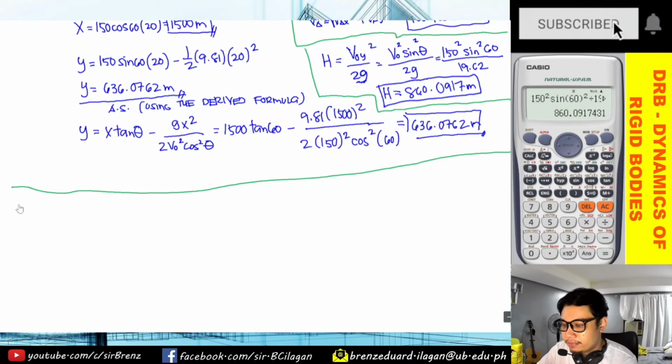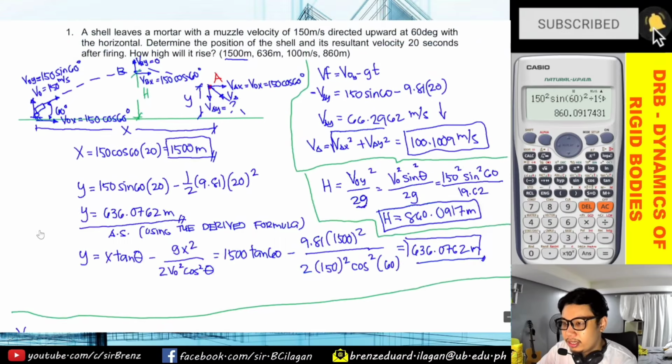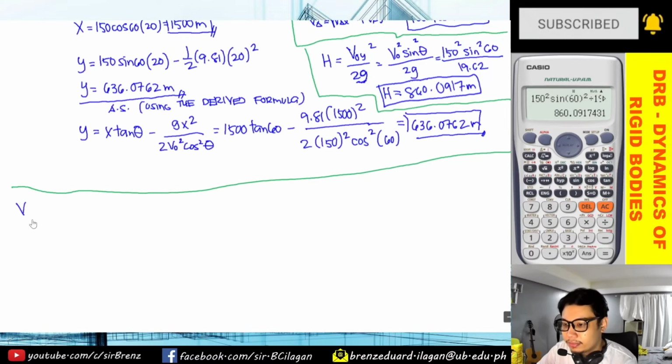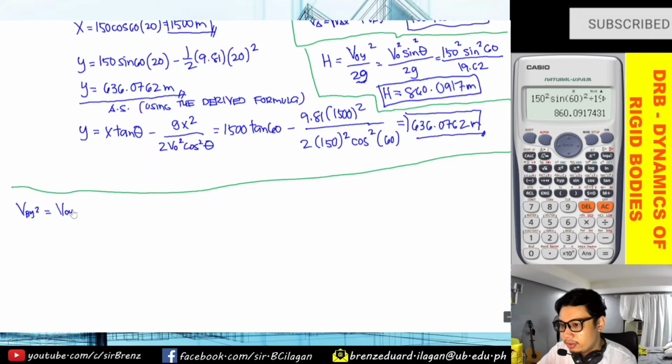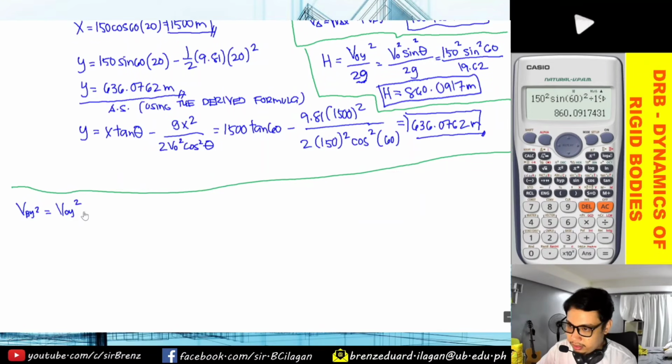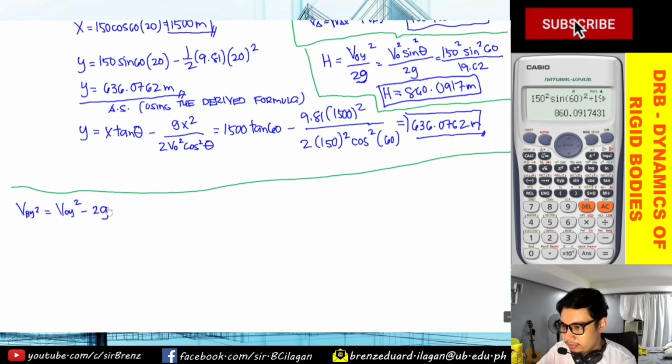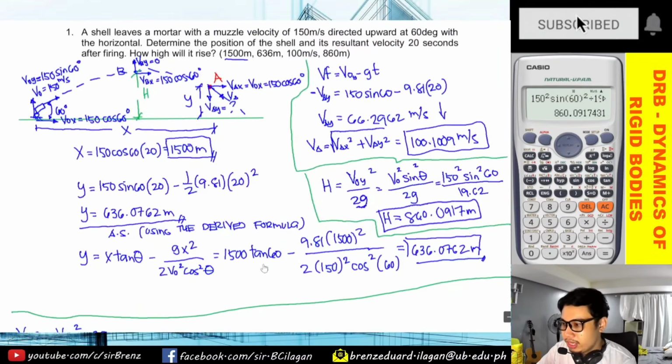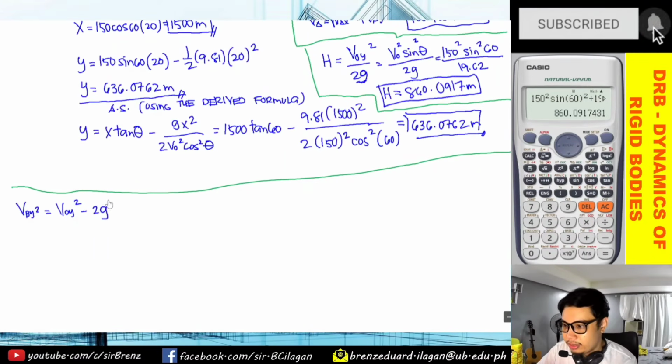So, VBY squared is equals to VOY squared minus 2G times H, which is yung unknown.